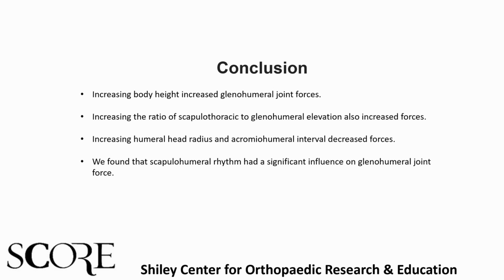Increasing the ratio of scapular motion to humeral motion also increased glenohumeral joint force, and glenohumeral joint force is sensitive to scapular motion, which was the big point of our project. We found that scapular humeral rhythm had a significant influence on glenohumeral joint force.